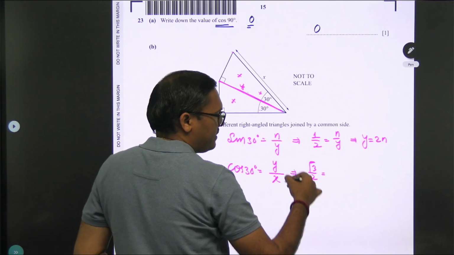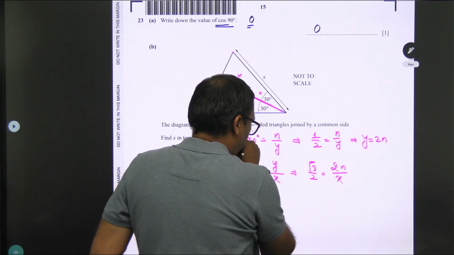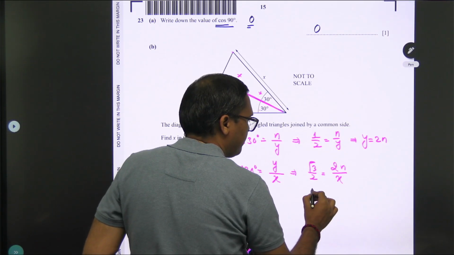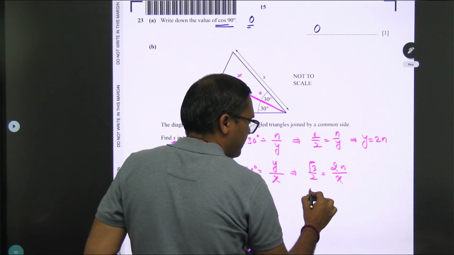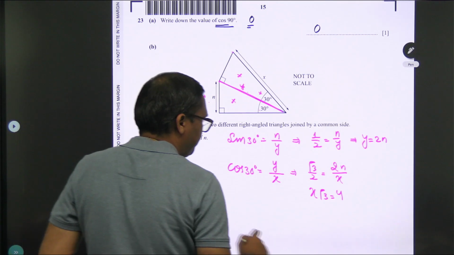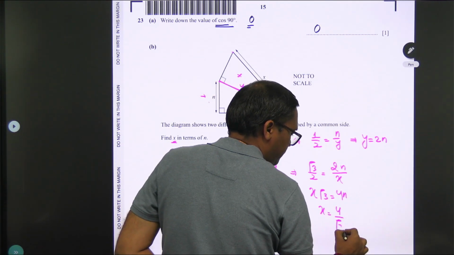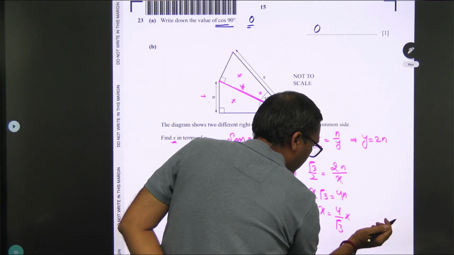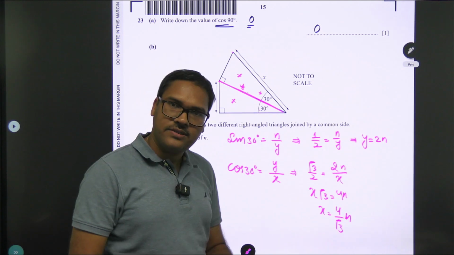And y we have already said is 2n, so this is 2n upon x. You have to find x in terms of n. If I multiply this, x root 3 is 4n. So x is 4n by root 3, which is the answer for this question.